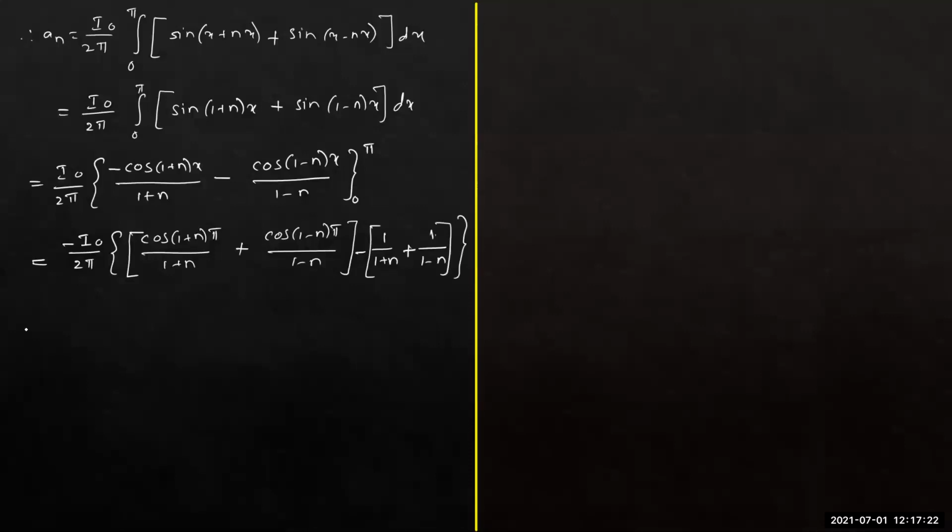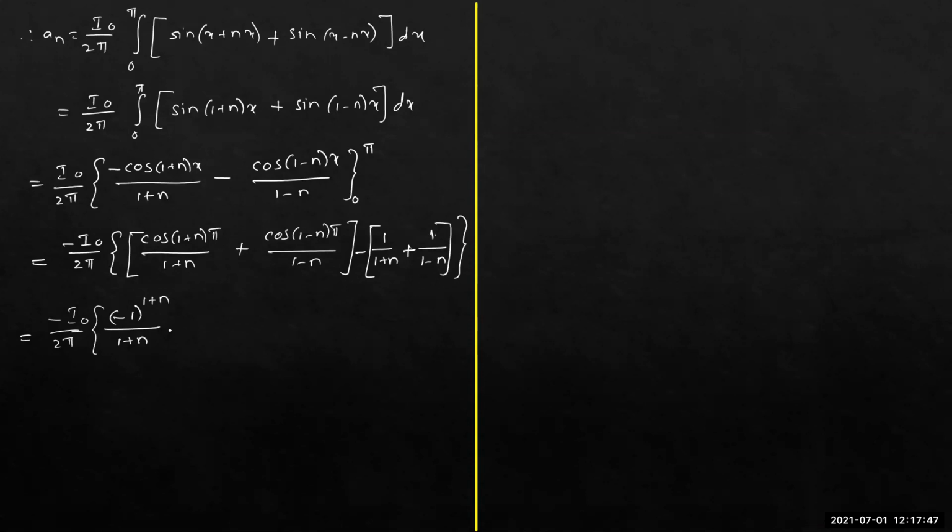Now let me just try to simplify this. It is equal to minus I naught by 2 pi. See how much is this value? Cos of (1 plus n) into pi. Normally, when it is cos n pi, its value is (minus 1) to the power n. In a similar way, when it is cos of (1 plus n) into pi, we can write it as (minus 1) to the power of (1 plus n) divided by 1 plus n.